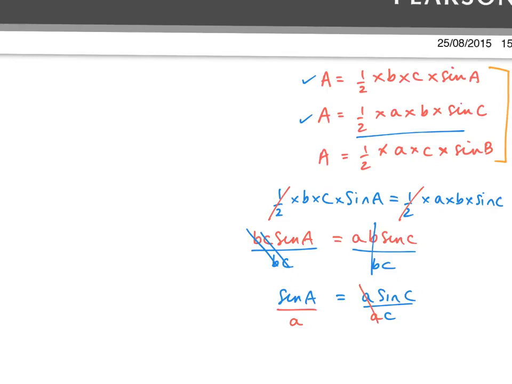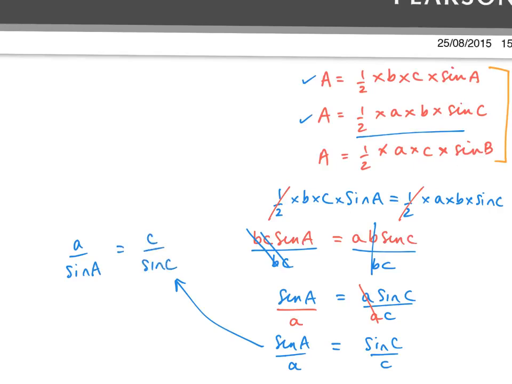We're left with sine A over A is sine C over C. Now, that's exactly the same as writing A over sine A equals C over sine C.